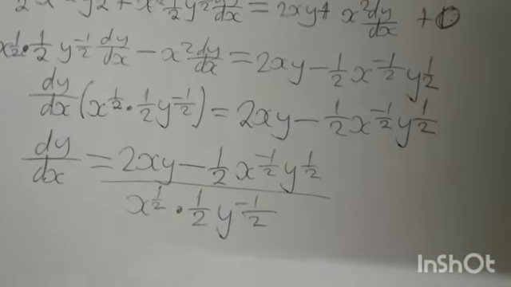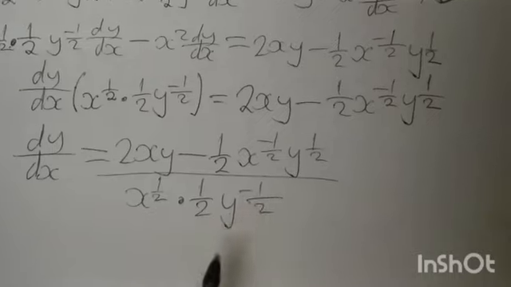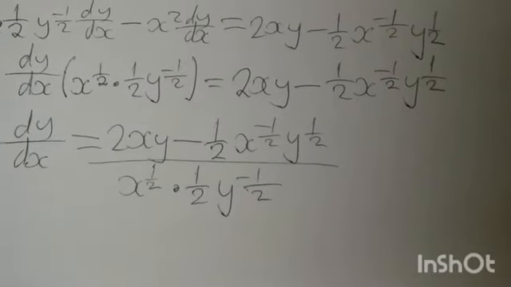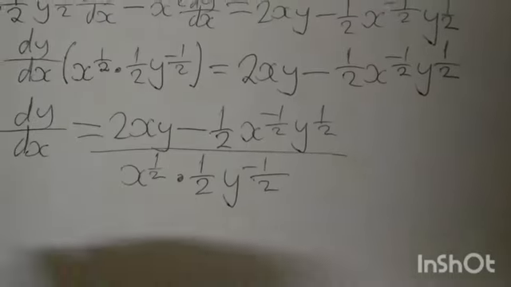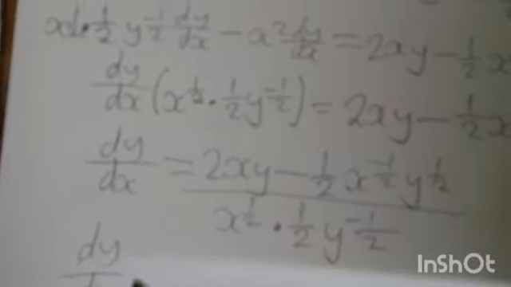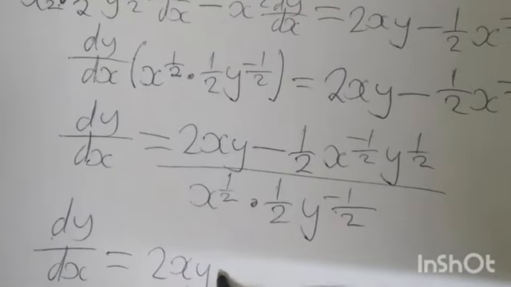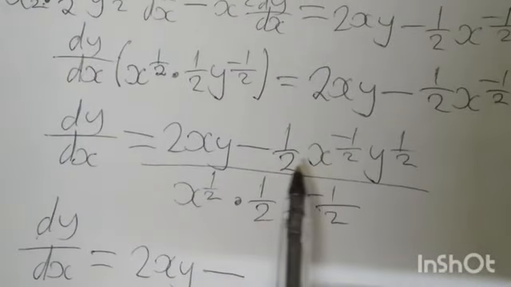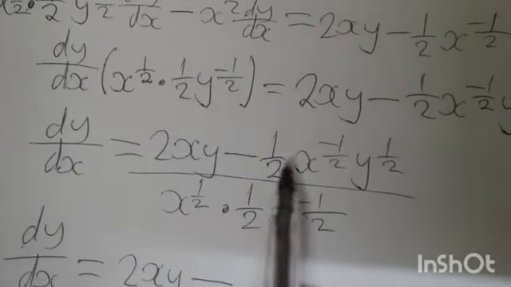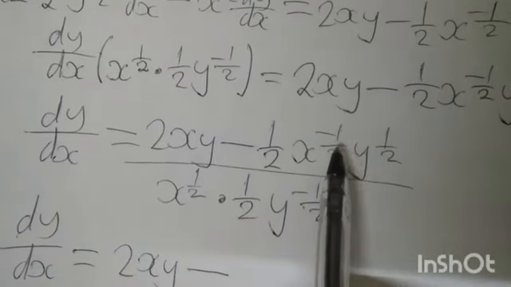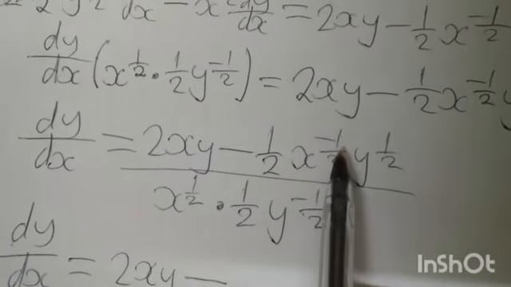So now let's simplify things. Power negative half, you don't need this. Let's make it simpler. dy over dx is equal to 2xy, which will still remain, minus 1 over 2 x to the power negative half. For this one, to bring it back we bring back the root.